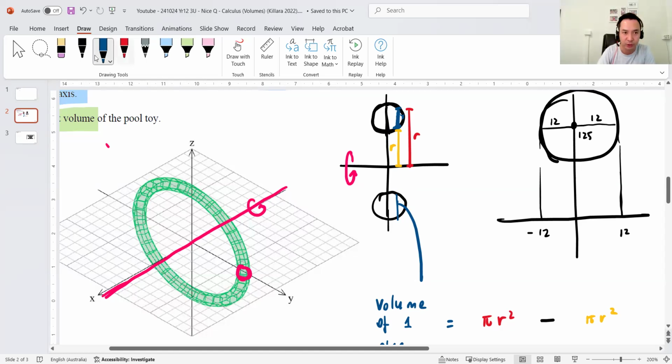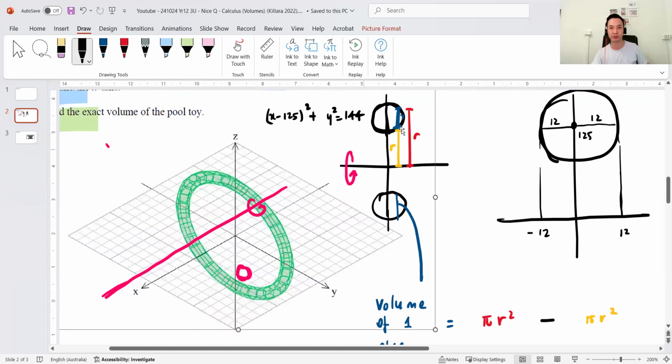So I'm going to try to make Y the subject on this circle. Now, what was the formula of the circle? It's x minus 125 squared plus y squared equals 144. Guys, when I make Y the subject of this, it's inevitably going to have a plus minus in there. And the plus minus represents the small and the big, the yellow and the red. The minus case will be the yellow, the positive case will be the red, right?